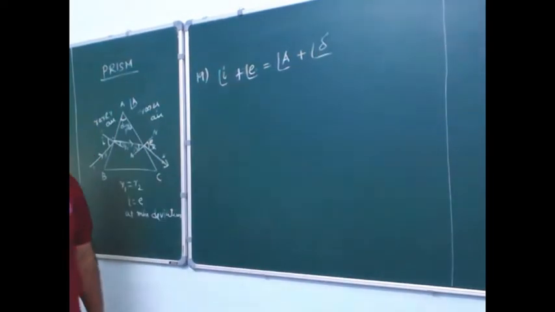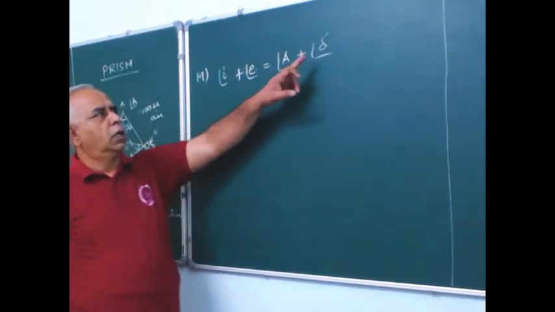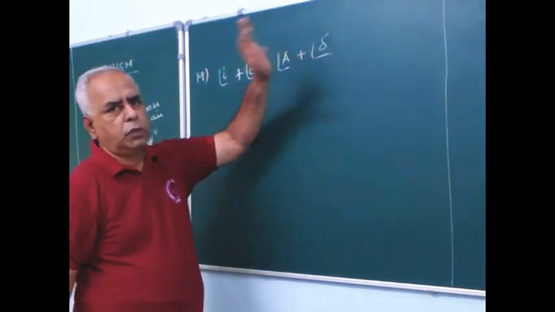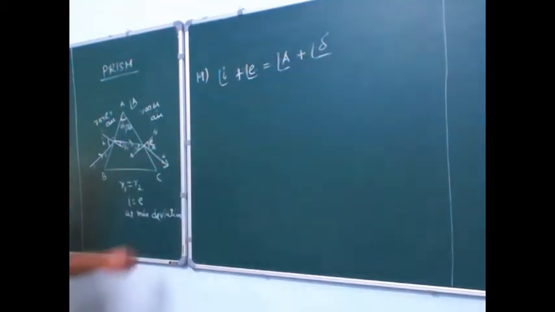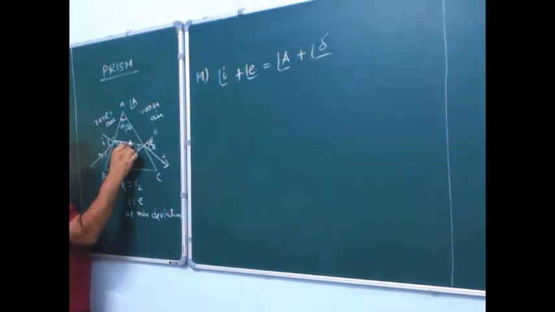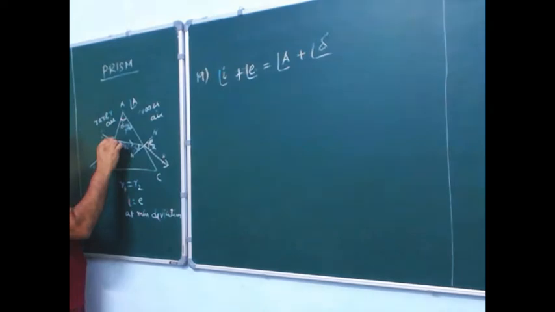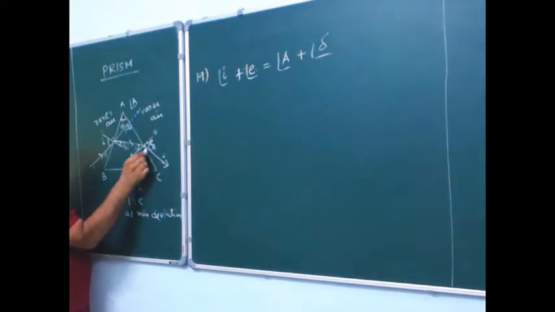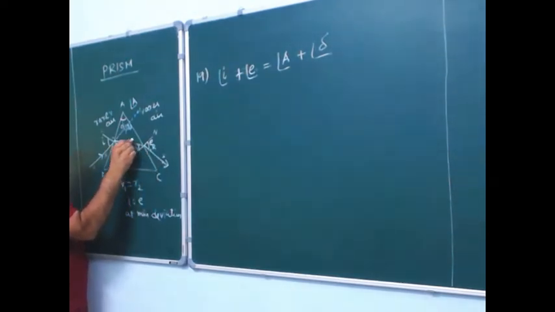So you may be interested to find out, not the minimum deviation, but the angle of deviation. So what is this angle of deviation? Let me explain. Now we have the deviated, that is the refracted ray, and assuming that it goes straight, undeviated, put the straight line. And similarly for the emergent ray, you can put the straight line here.